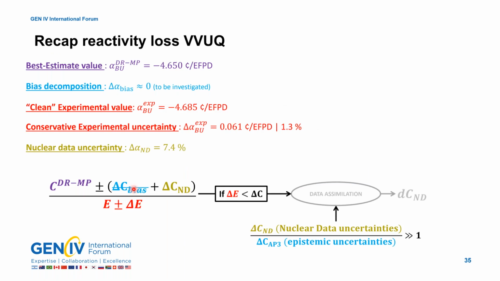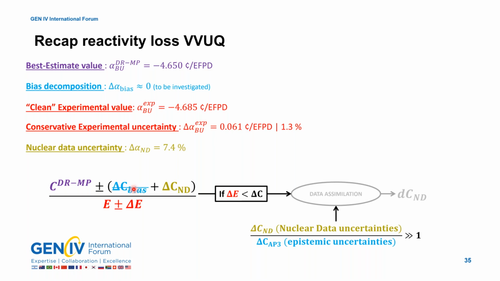So to recapitulate all the VVUQ process that we have made for now, we have our best estimate value considered unbiased, which is within the experimental uncertainty range. The experimental value is considered as a reliable value.